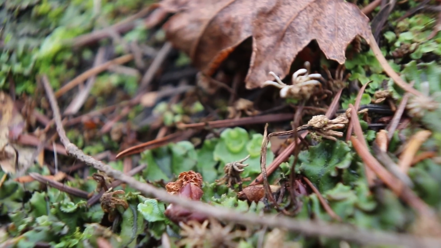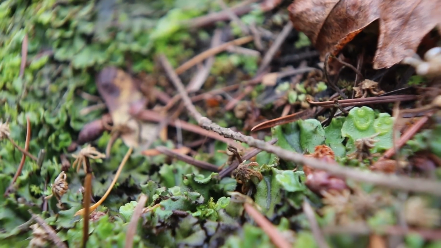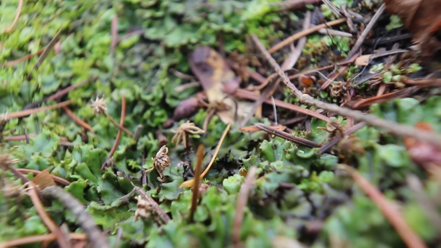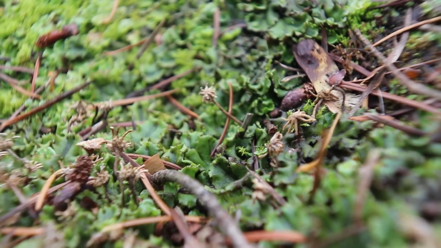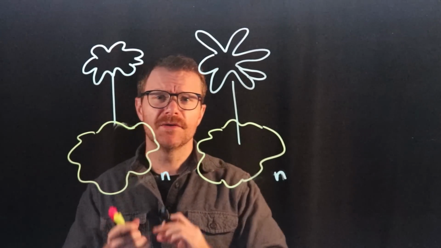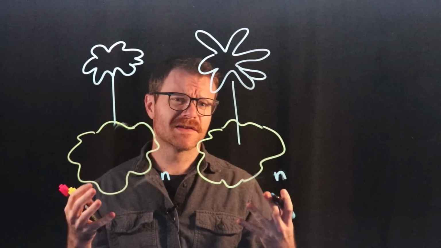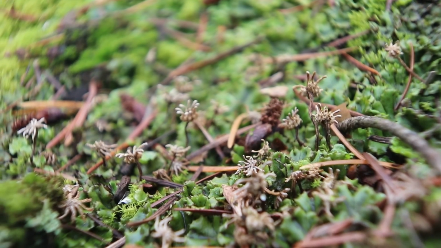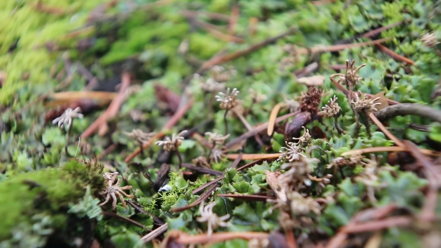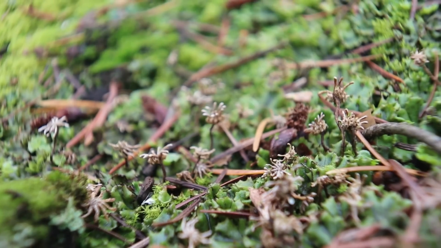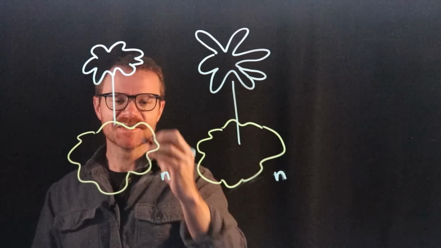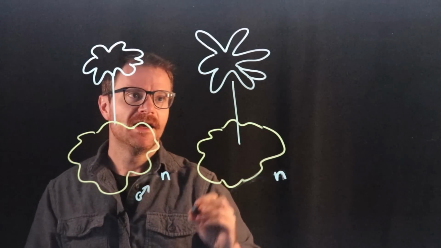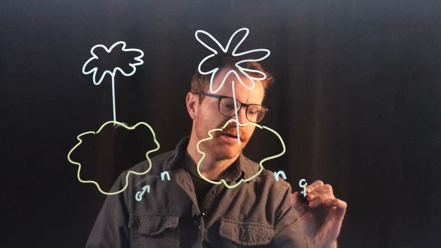At some point, these gametophytes will develop these kind of flower-like structures. Again, no flowers have evolved, but you can think of them as similar to flowers in the sense that they're sexual structures. And they look very similar to me, but I'm sure liverwort scientists can tell them apart. This one I think is the male one, and this one is the female one.